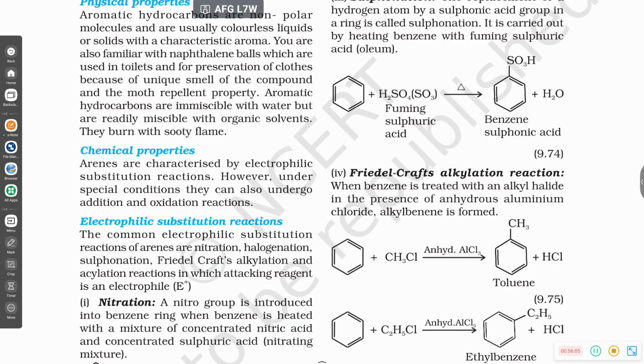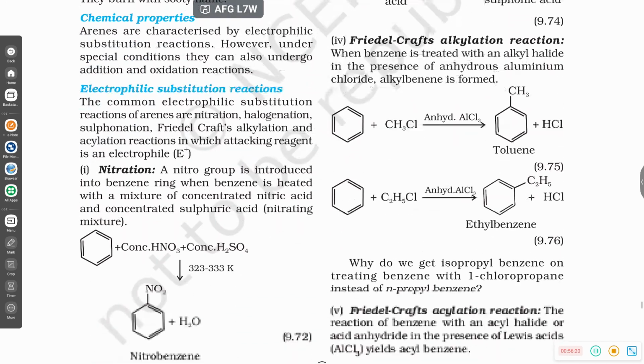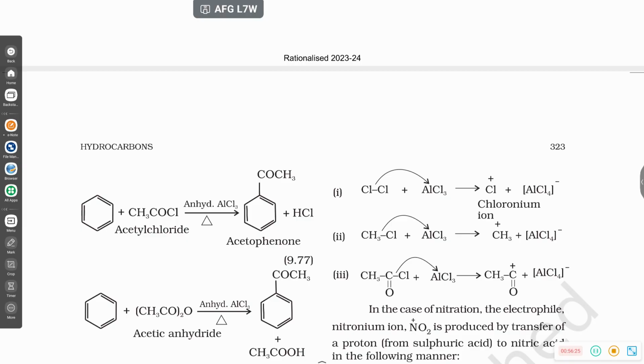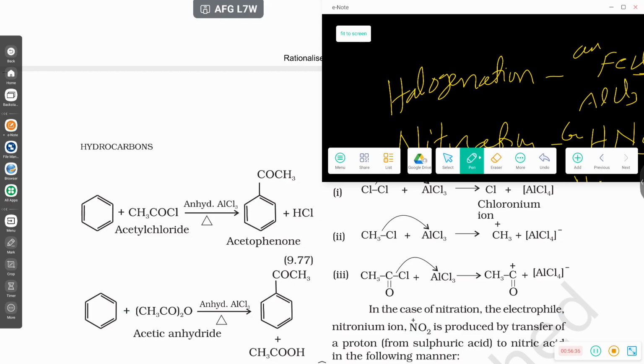They will give RX type, where R means methyl or ethyl type. Friedel-Crafts alkylation: RX with anhydrous AlCl3. Definitely this is needed, very important. Friedel-Crafts acylation: acetyl chloride CH3COCl, RCOCl, anhydrous aluminum chloride, same. What is the electrophile here? CH3CO+ is the electrophile.